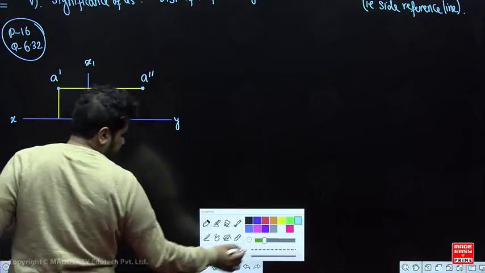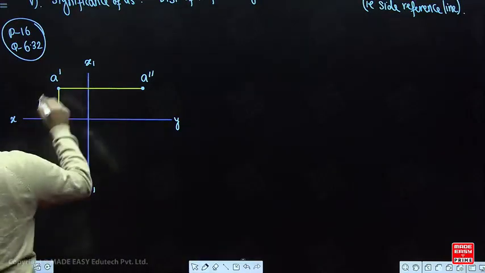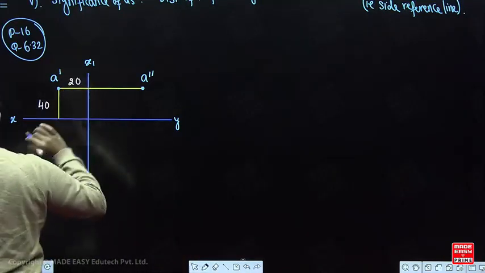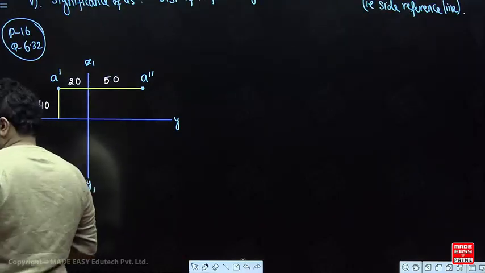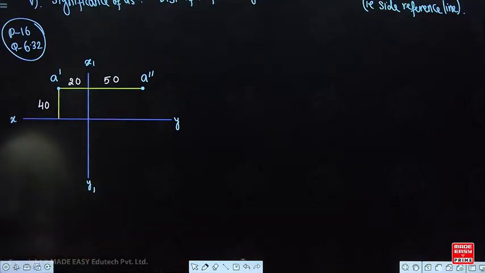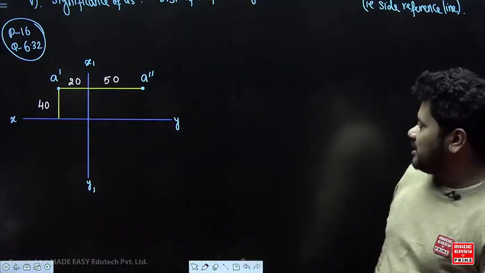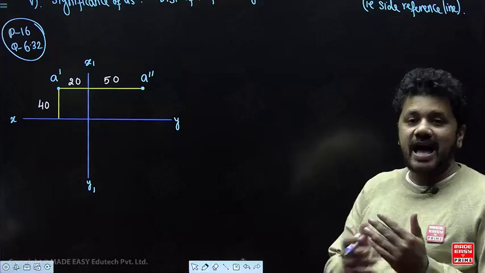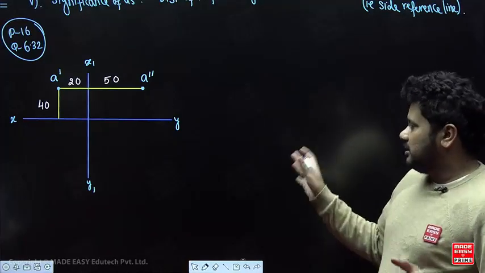Further, this length is given as 40, this length is given as 20, and this length is given as 50. Now they are asking which of the statement is wrong. So point 40 is in front of VP, point 50, and so on, four statements are given. Now they are asking about the location of the point. Where is the actual point, right? So it is a good question because this is incomplete.